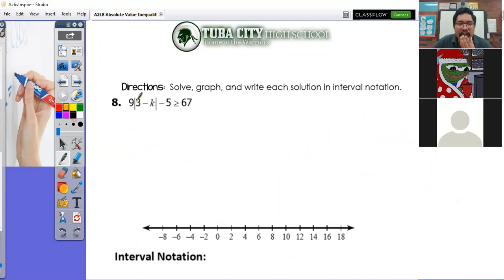Okay, with this one here, my first thought was to eliminate that 9, but looking at it a bit closer, it looks like I'm gonna have to get rid of this 5 first. So I'm gonna have to do a little bit of work before I can even break it into 2 cases. So I got rid of that 5, so adding 5 to both sides.